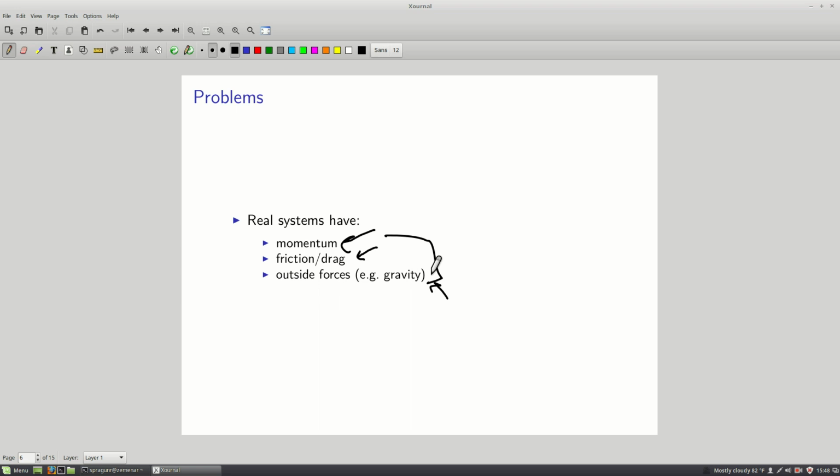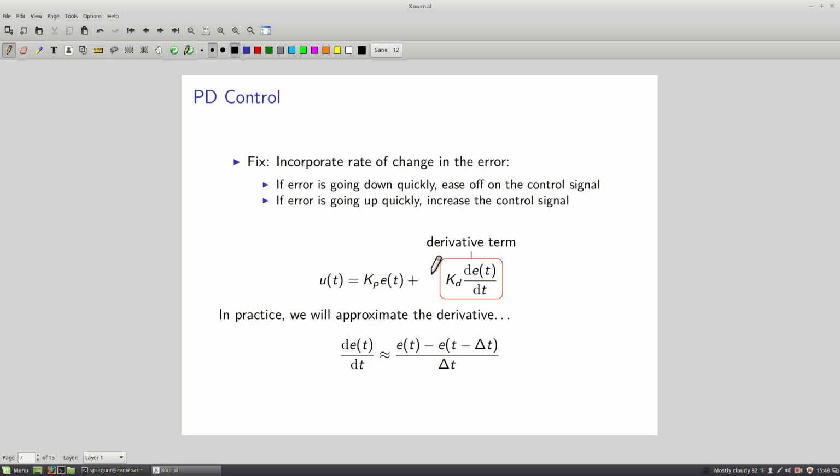The first thing we're going to try is to introduce a derivative term. So this is the D in PID control. And the intuition is that where our original proportional controller was just looking at the current error, this new version of the controller is going to look at the current error, but it's also going to look at the rate of change in the error.